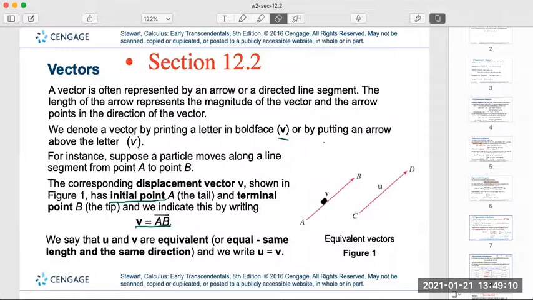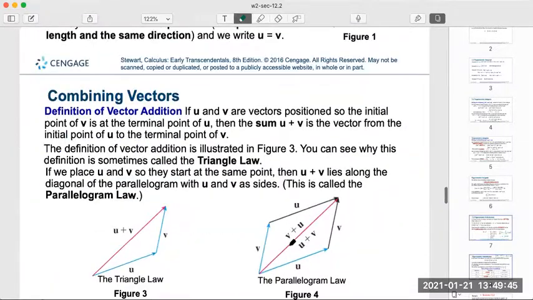Two vectors, V and U, are equal if they have the same direction and the same magnitude. Magnitude is the distance from the initial point to the terminal point. They may be placed in different places in space, but they have the same length and same direction.